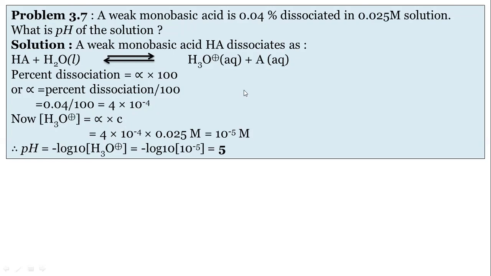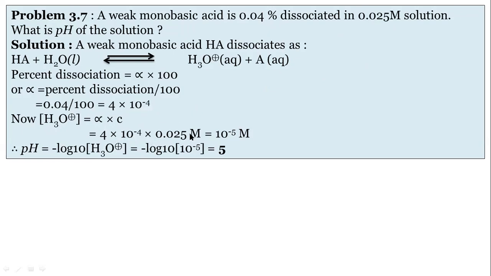The value of H3O plus is also given. Weak monobasic acid. Yes, C is given here. Alpha into C, the value of alpha calculated is 4 into 10 raised to minus 4. It is written here.